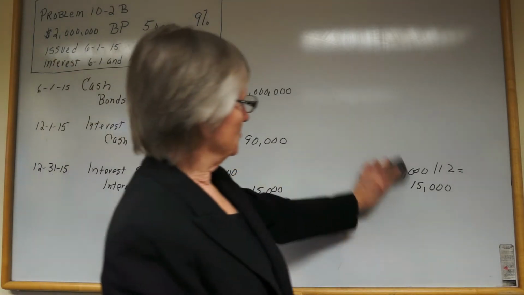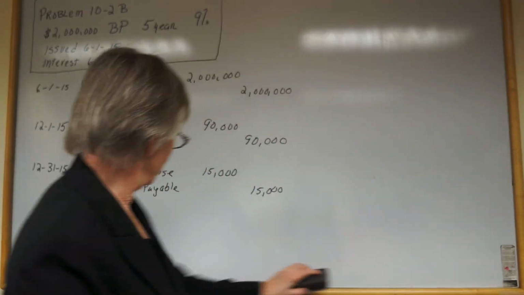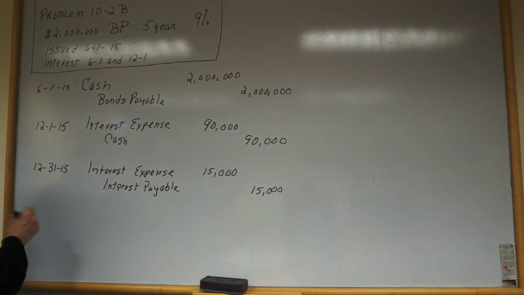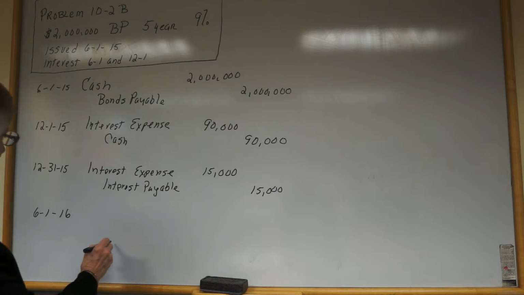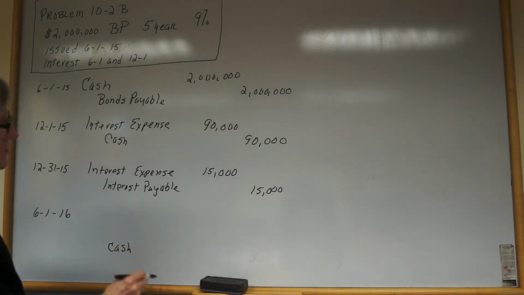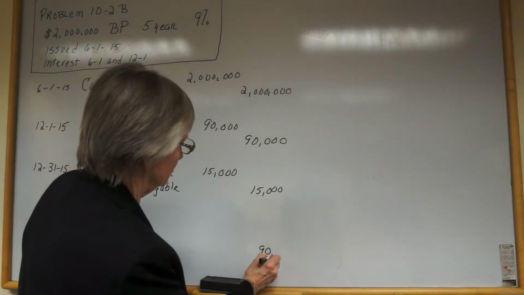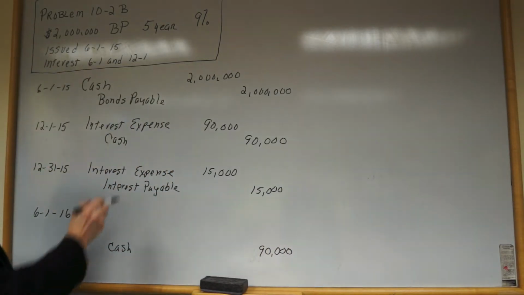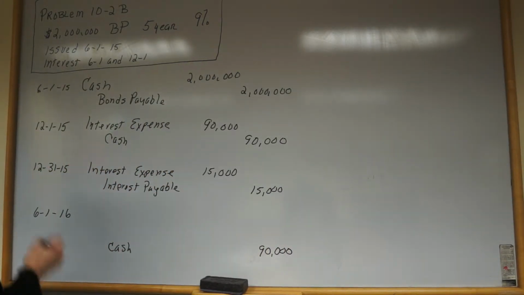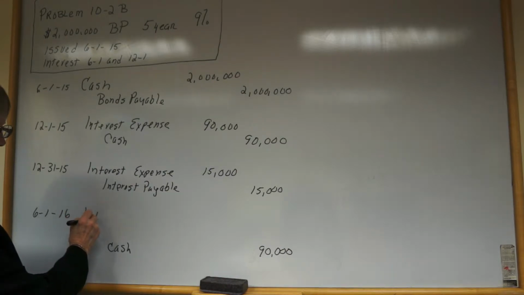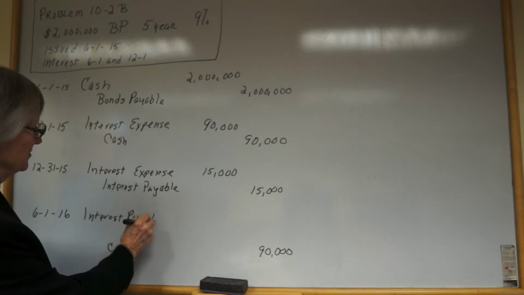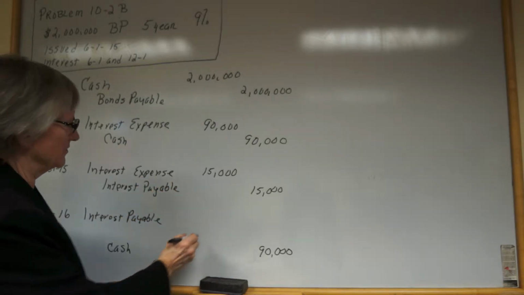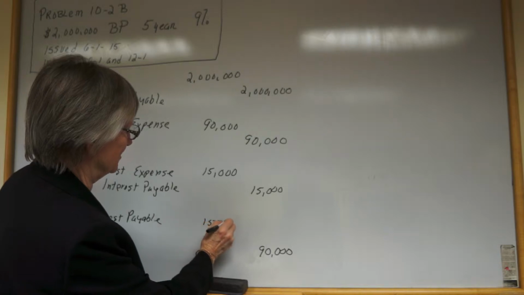Okay, so the next thing we would have to do here is to pay the next interest payment on June 1st of 16. Okay, so we know that when we write the interest check, it's going to be for the 90,000, right? Just like up here. But we're going to have interest payable because we accrued this interest here. It's already been booked as an expense for last year, so interest payable 15,000.